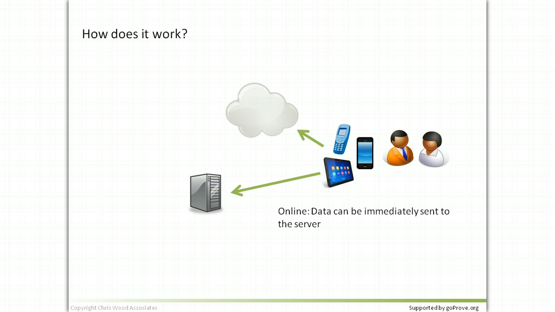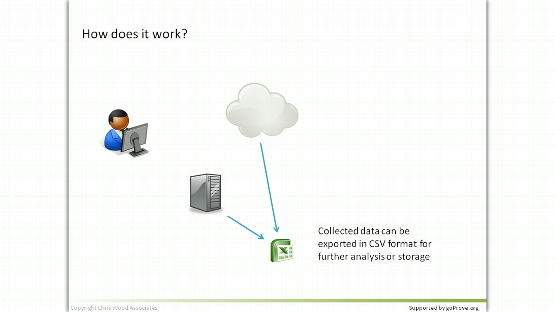If the device is online, the data can be immediately sent back to the server. However, if it's offline, data can then be sent to the server when it's connected back to the network again. Once all the data has been collected, you can then export that into CSV format for further analysis or storage.